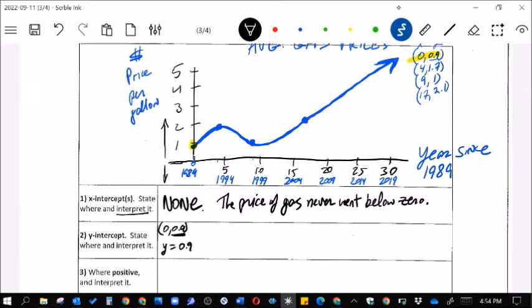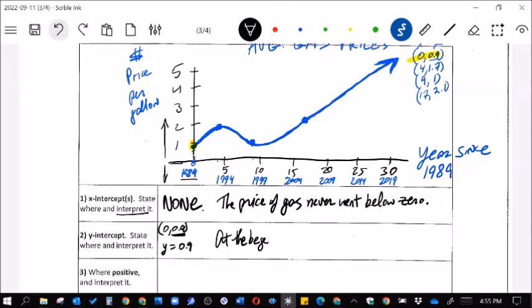What actually is the y-intercept in this kind of situation? Well, in this case, it has to do with the price per gallon, and it's saying that at the beginning of the graph, or at the beginning of the study, the price was 90 cents.